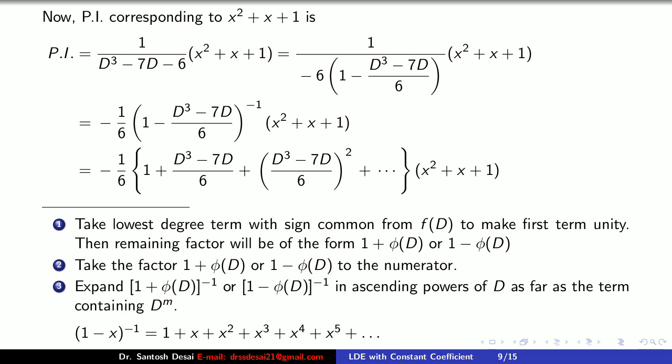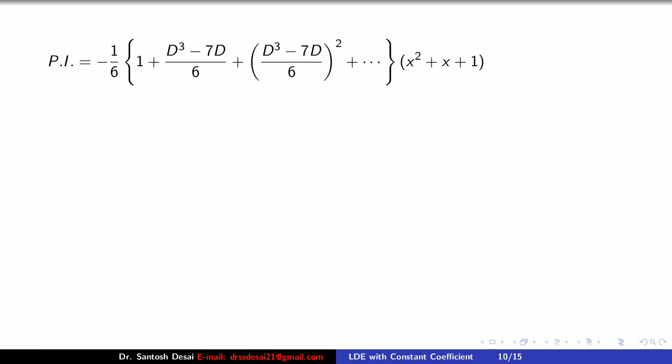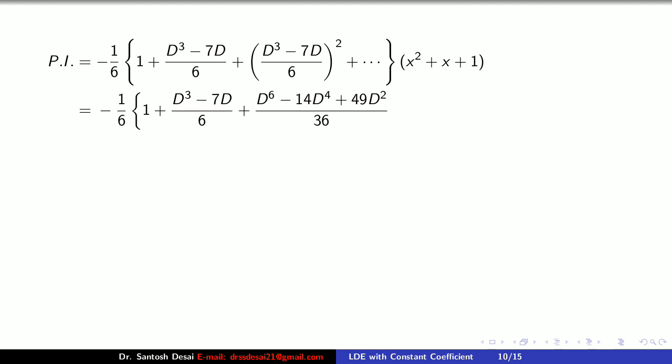Now we expand the inner brackets first. So we get minus 1 by 6 into bracket 1 plus (d cube minus 7d) by 6 plus, now taking the square of numerator and denominator, we get (d raised to 6 minus 14 d raised to 4 plus 49 d square) divided by 36 plus and so on into x square plus x plus 1.